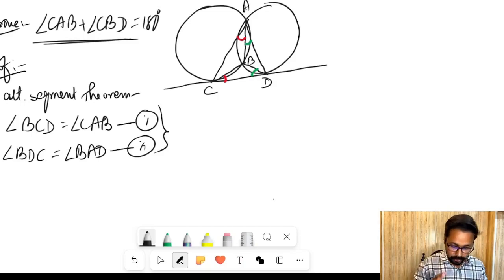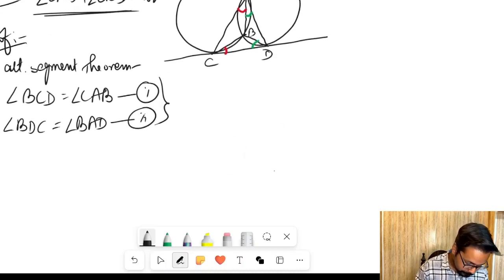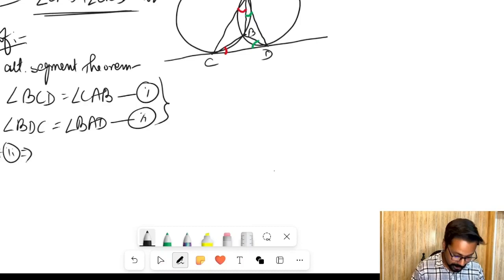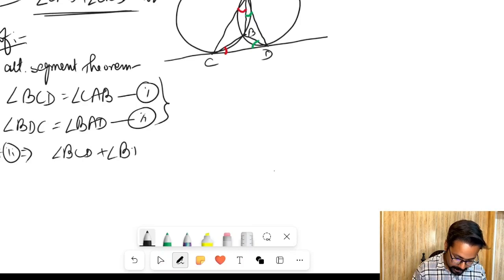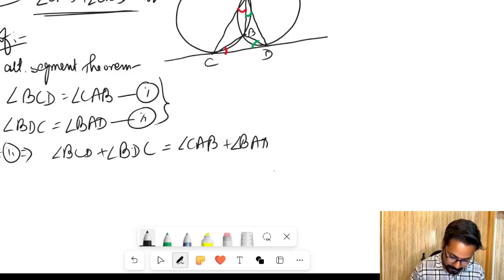Along with it, if I add 1 and 2, then what do I get? On the left hand side, angle BCD plus angle BDC will be added, and on the right hand side we get angle CAB plus angle BAD.